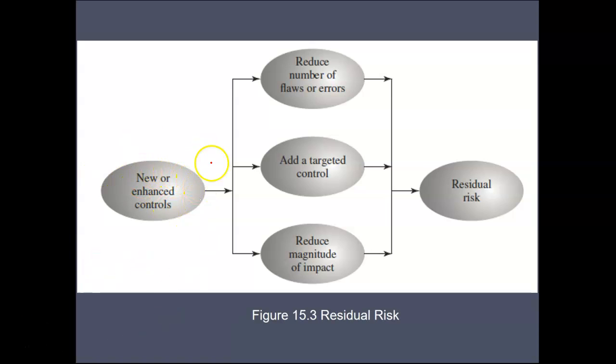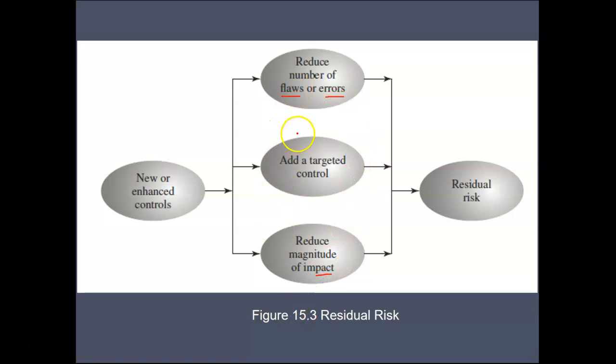So we have new or enhanced control. We apply new controls, new solutions, new countermeasures to reduce the number of flaws or errors. We try to reduce the flaws, the vulnerabilities or errors that might happen. Add targeted control. Reduce magnitude of impact.